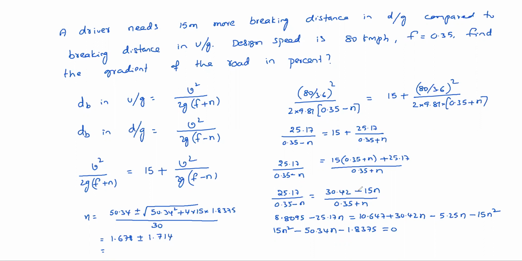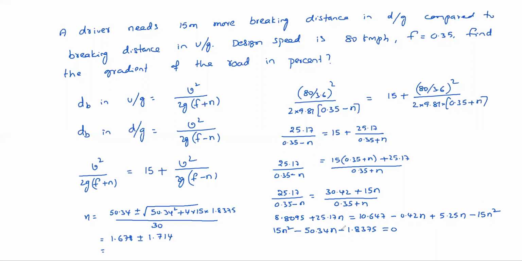Here plus 15n. Then here plus, this is okay. 30.42 into 0.35. Here minus should come. And this one is plus. And this one is minus, right? Okay. Now 15n square.